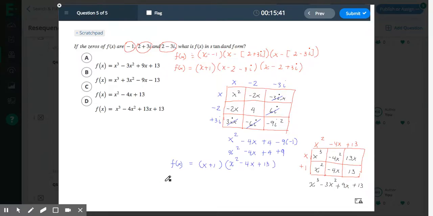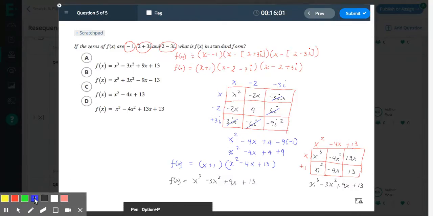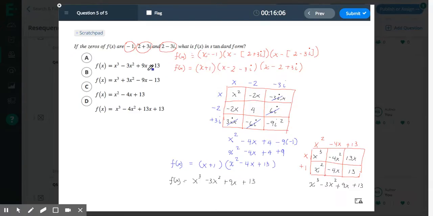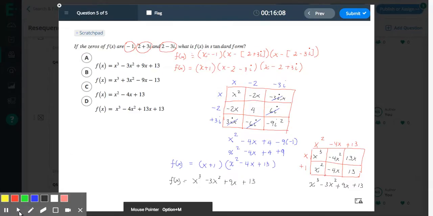So this is f of x in standard form. So f of x equals x cubed minus 3x squared plus 9x plus 13. Which means that this is the answer.